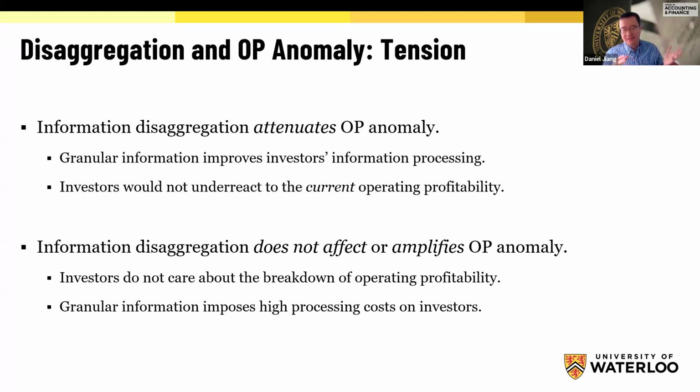But on the other hand, if investors only care about getting the value of operating profitability regardless of its components, or if more granular disclosures actually impose more information processing cost on investors, then the information disaggregation either does not affect the magnitude of the OP anomaly or even amplifies its magnitude.